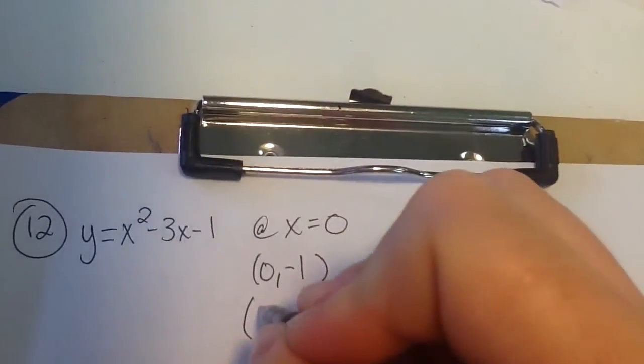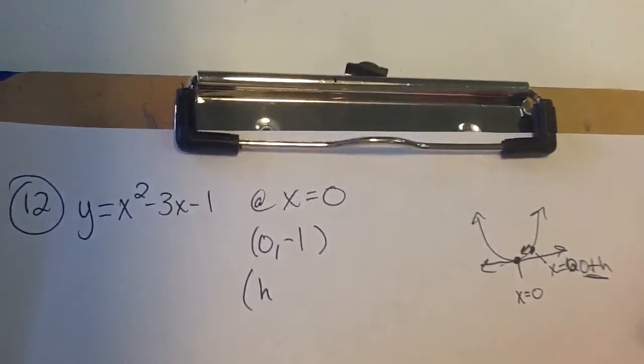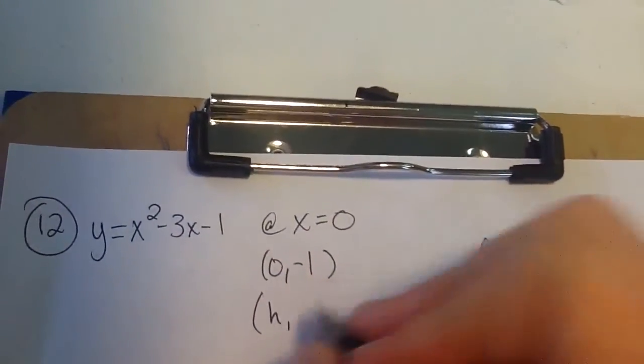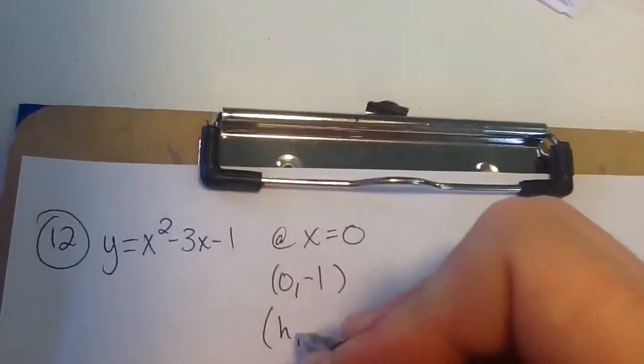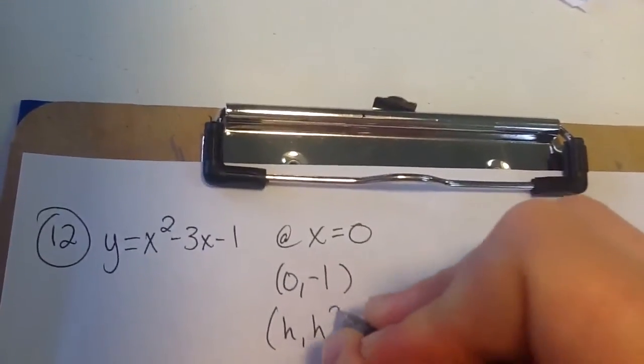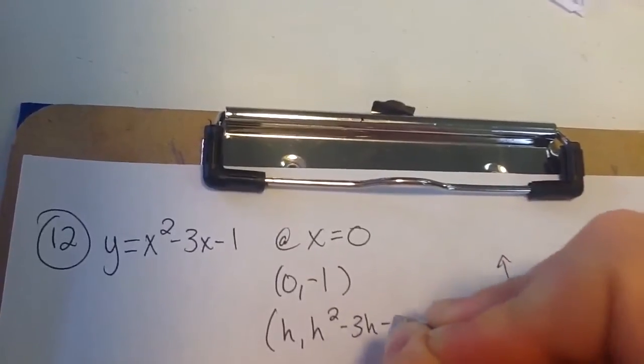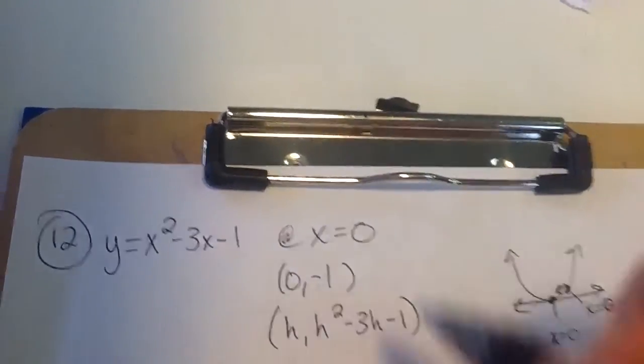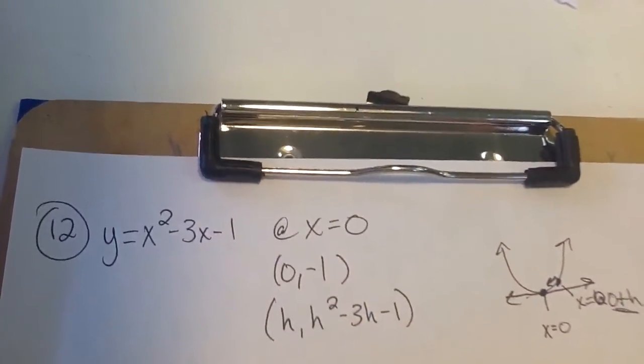On this one it's easy, you don't have to put 0 plus h because 0 plus h is just h. And if I plug in h to here, I get h squared minus 3h minus 1. So I'm finding the slope between those 2 points.